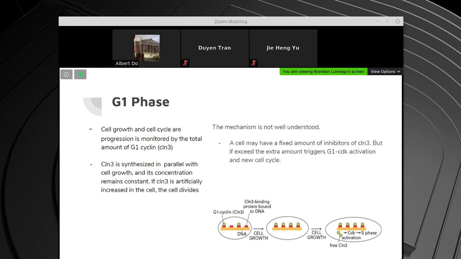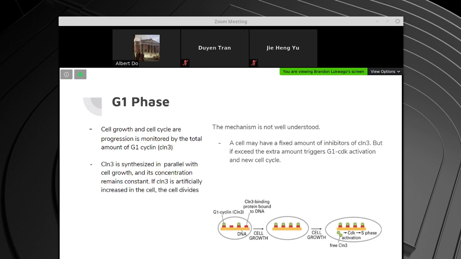CLN3 is synthesized in parallel with the cell growth, and its concentration always remains constant. If it's artificially increased in a cell, the cell divides.